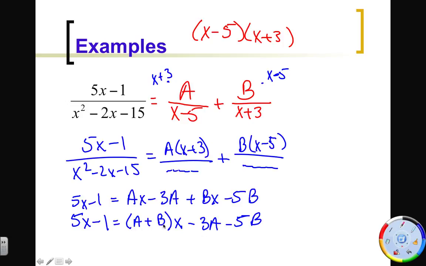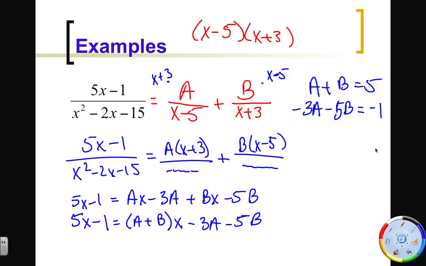I know A plus B goes with my 5, so I have A plus B equals 5. And then my constant terms, minus 3A minus 5B, equals negative 1.